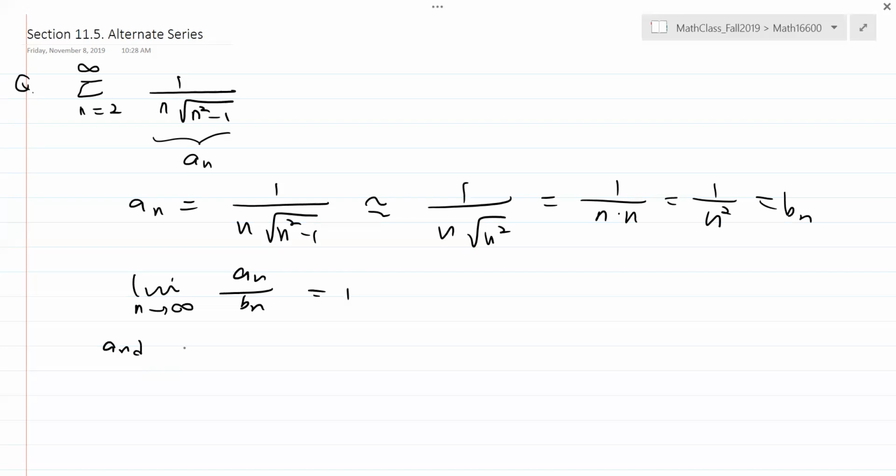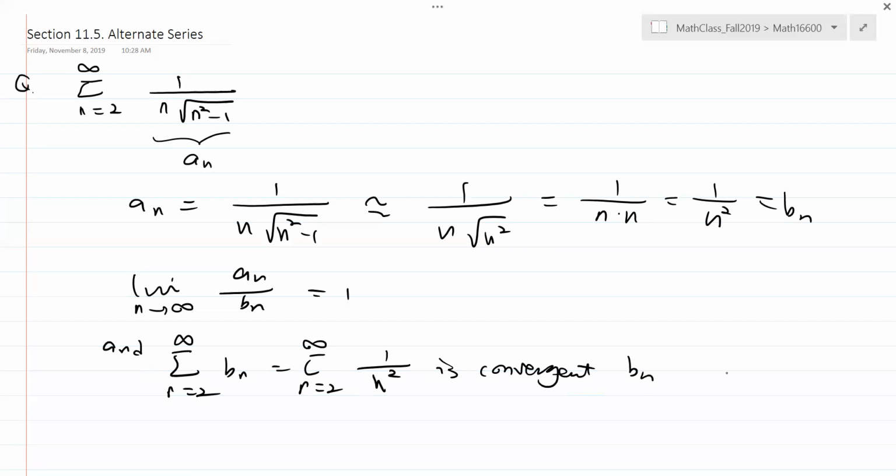Then this is going to be convergent. And why it's convergent, you don't need to prove that. You have to say that by the p-series test, with p equals 2 greater than 1. So it's very clear, right? You don't need to repeat the proof of the p-series test.